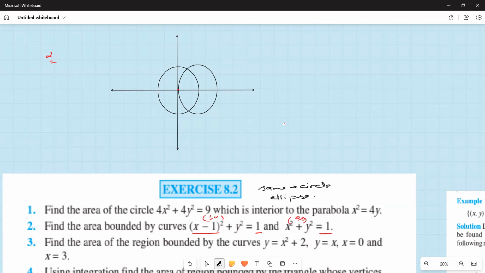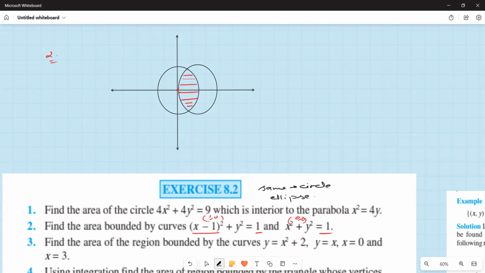So if I shift this circle to this side, you need to find this area. This is passing through the origin. Somehow I am not able to adjust it. So what can you do?